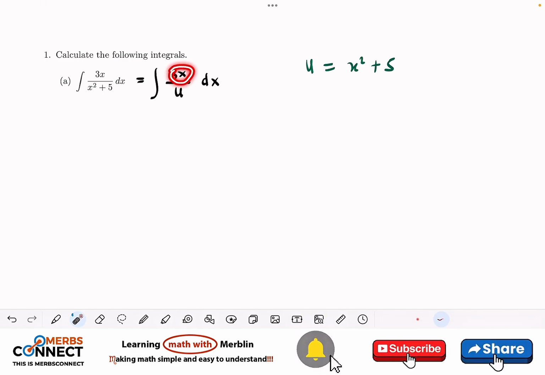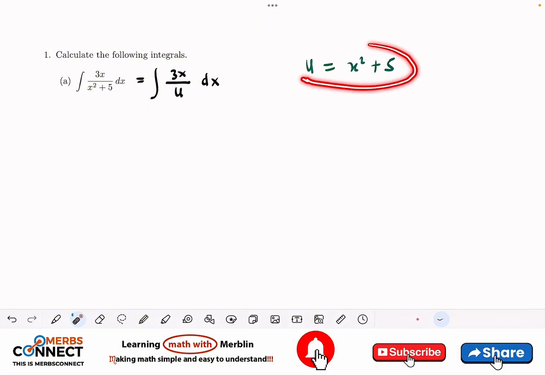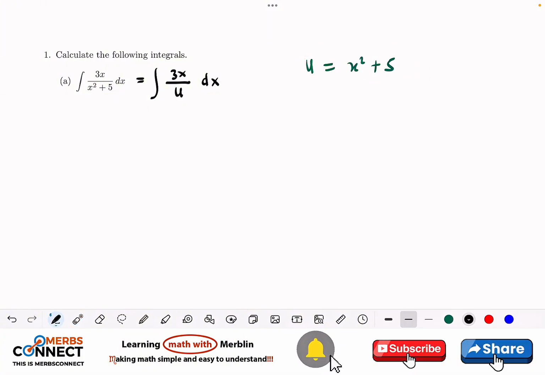But we have the x here. So we can make use of this to make sure that the x is out. Since we need to change the x, we need to differentiate this function with respect to x. Good.